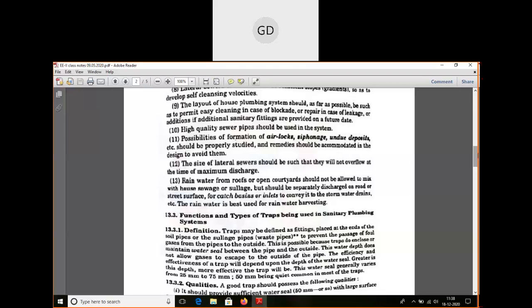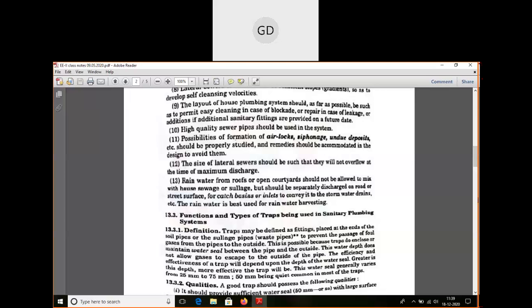So it is said here that the rainwater generated from rains on your roofs or open courtyards should not be allowed to be mixed with the house sewage, but should always be separately discharged onto a road or street surface, okay, so that later it can be used for rainwater harvesting.